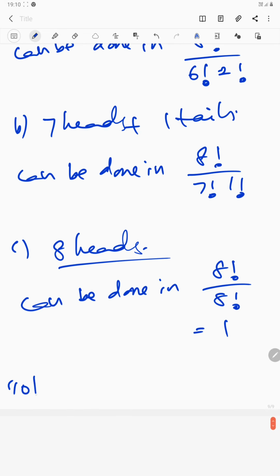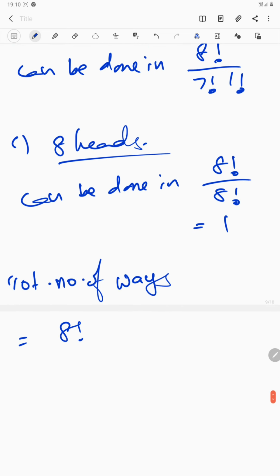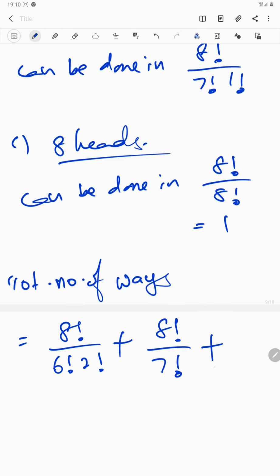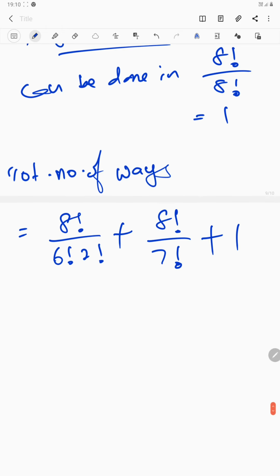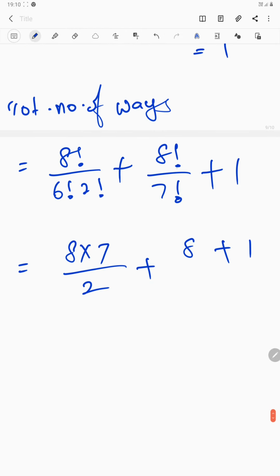Now total number of ways is equal to, in first case what we are getting, 8 factorial by 6 factorial into 2 factorial, plus in second case 8 factorial by 7 factorial and in third case 1 factorial. तो ये हुआ है 8 into 7 by 2, 8 plus 1, right? 8 factorial means 8 into 7 factorial, and 7 factorial is cancelled.